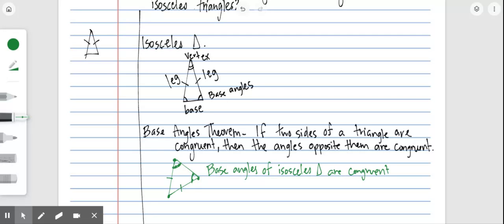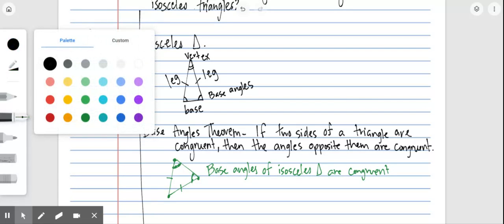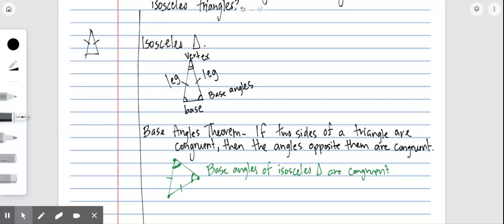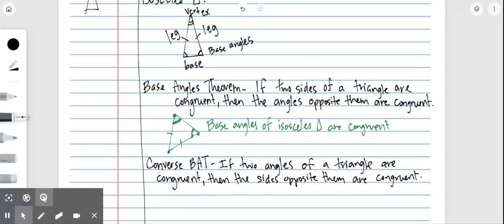Cool. So then there's also what's called the converse. And the converse just basically says the opposite, and it just goes backwards. I'm going to write converse BAT, base angles theorem. It says if two angles of a triangle are congruent, then the sides opposite them are congruent.